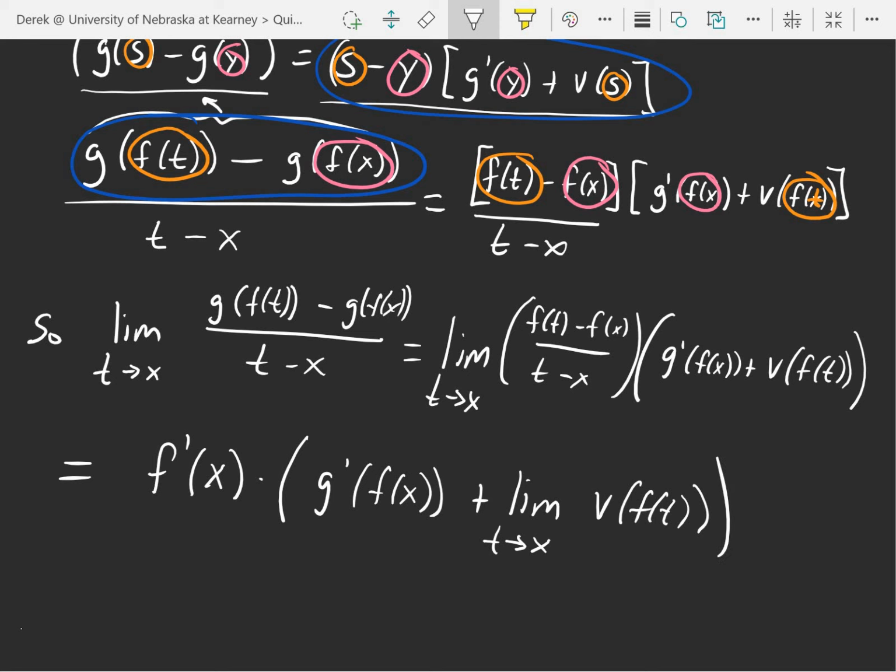But by continuity, as t goes to x, f of t goes to f of x. That's why we needed continuity for f.